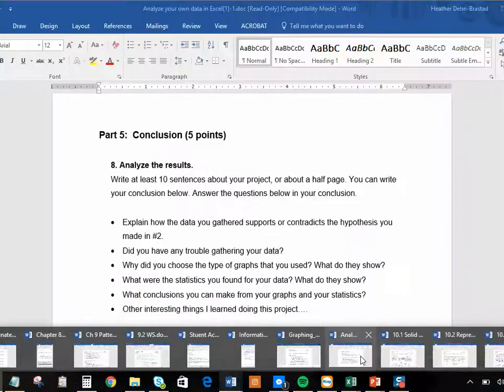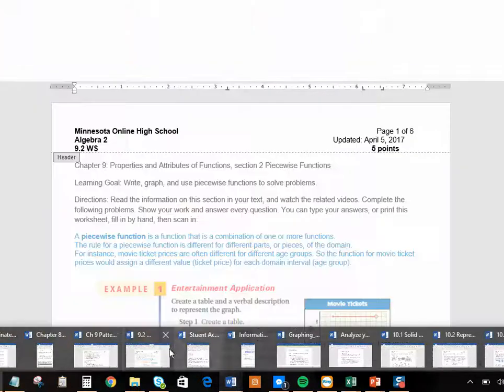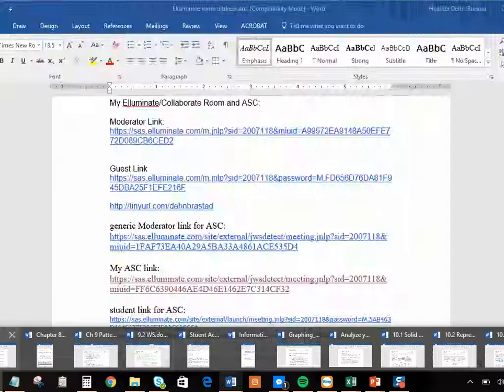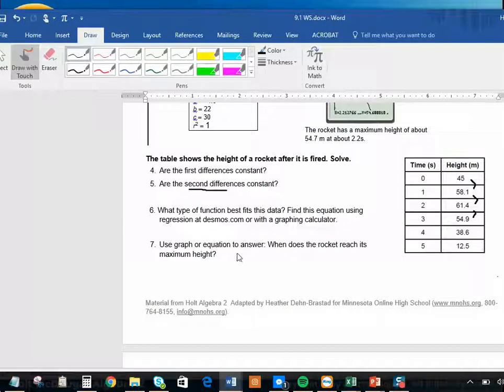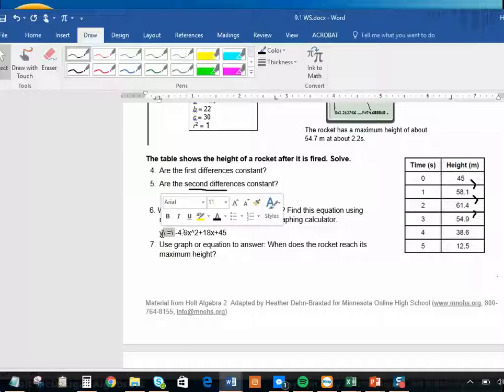If I can find the right worksheet here. This was 9.1. Oh, I'm still in pencil tool. There's my equation. I tried copying from Desmos. It didn't work exactly smoothly, but it's pretty close.